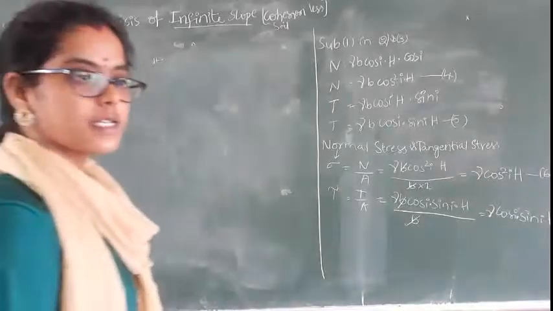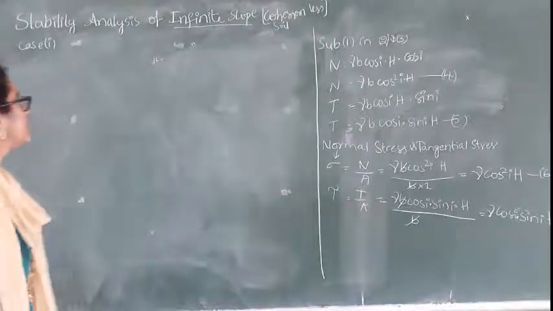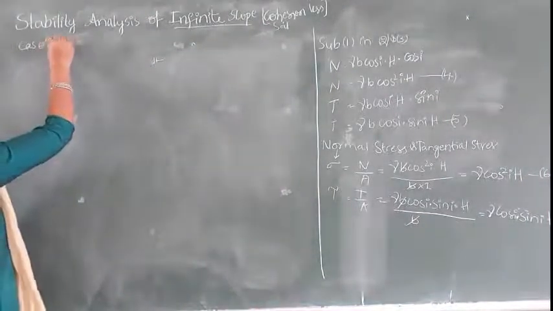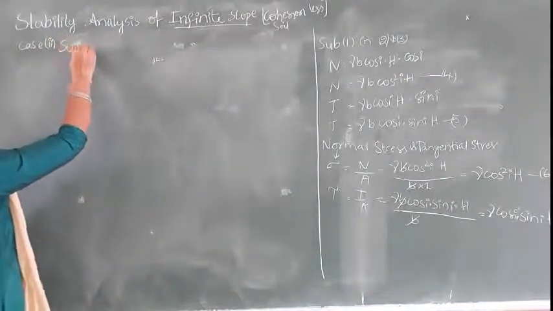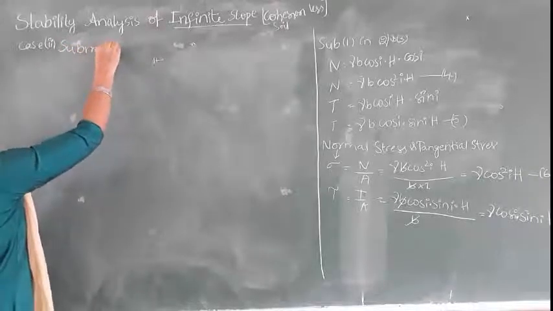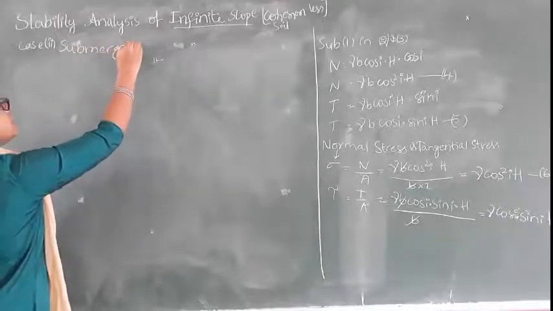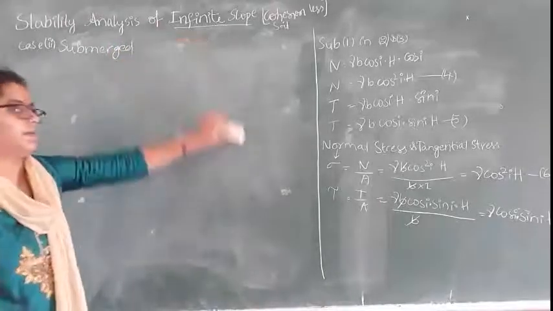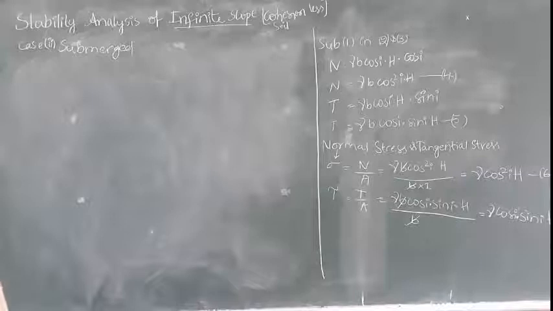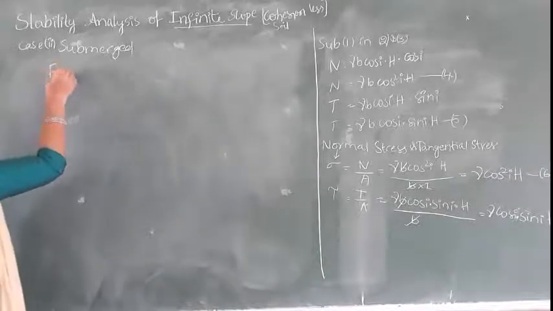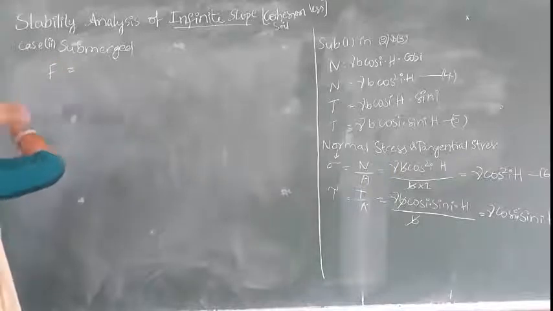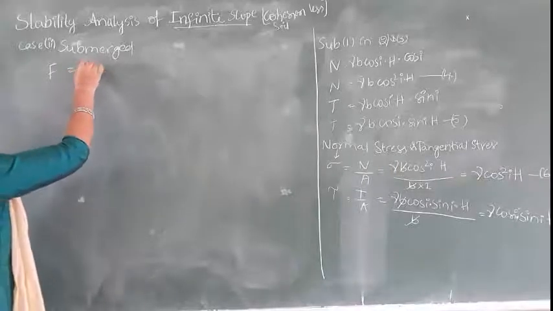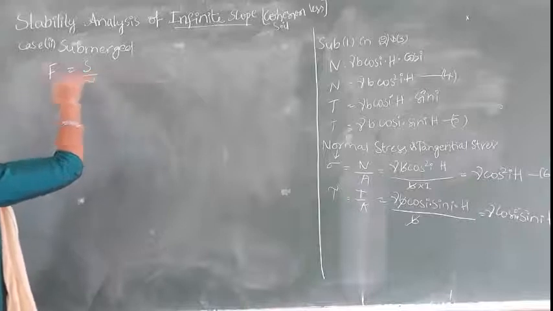Students, now we will discuss the second case, that is when the soil is submerged. The property of soil is changed here. Soil is submerged now. In the earlier case it was dry. So what is the change in the factor of safety? Now we will see. Factor of safety is basically defined as shear strength by shear stress.